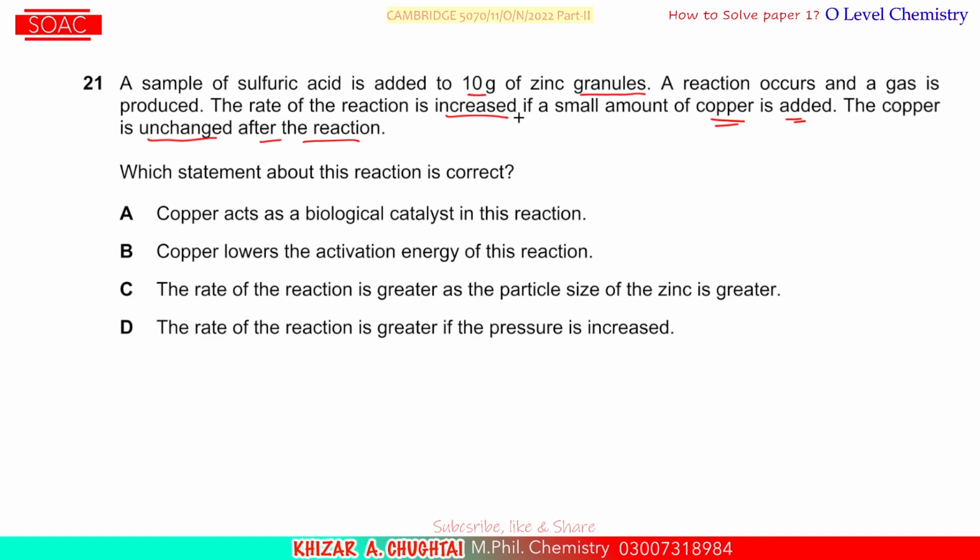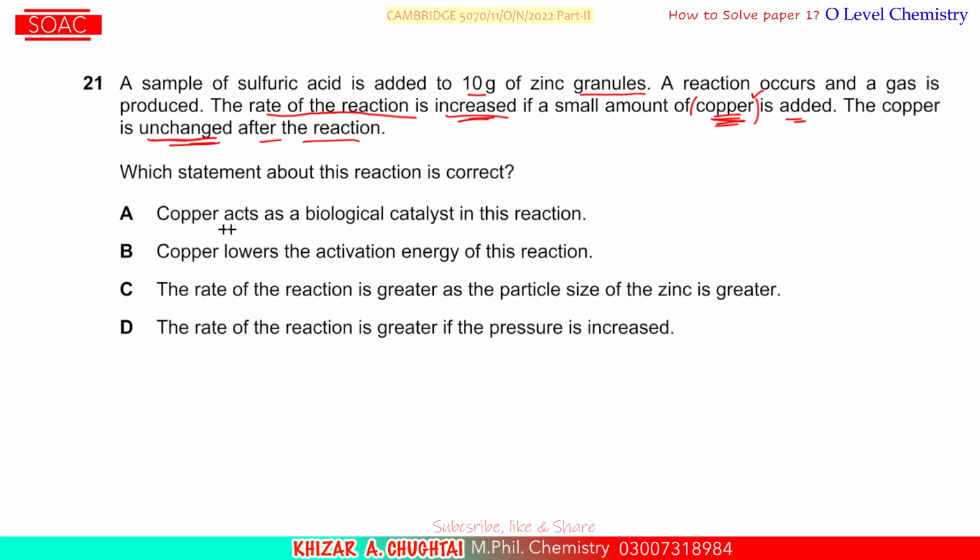First of all, just have a look once again on this statement. Rate of reaction is going to increase in the presence of a small amount of copper, and copper is unchanged at the end of the chemical reaction. So copper is acting as a catalyst. Which statement about this reaction is correct?